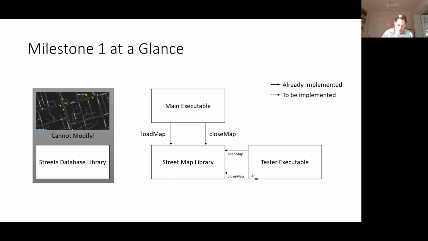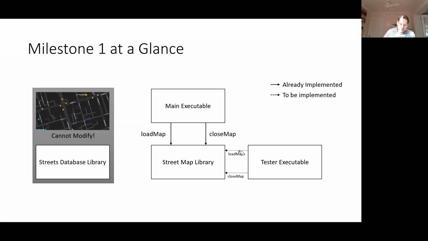And it can also talk to your street map library, so it can basically test your functionality without an end user being involved. Most of your code is going to go in this street map library, and in your source code you'll see there's a libstreetmap directory, and that's where you should write most of your code for your project.